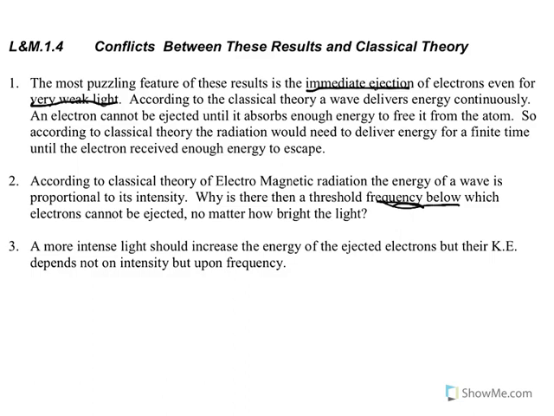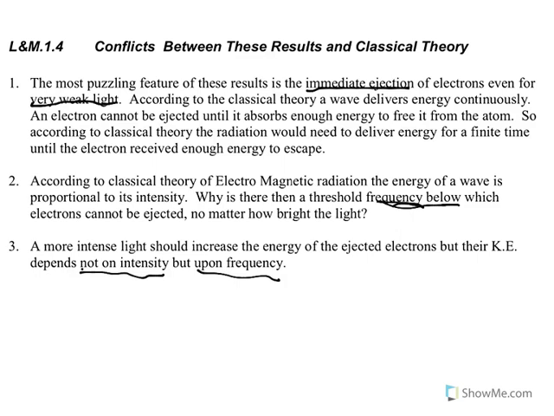The other thing was that more intense light should increase the energy of the ejected electrons. So with more intense light, more energy, the electrons should come off faster. But it was found that it depended not on intensity but on frequency. So these are conflicts at the time between classical theory and what the results were showing.